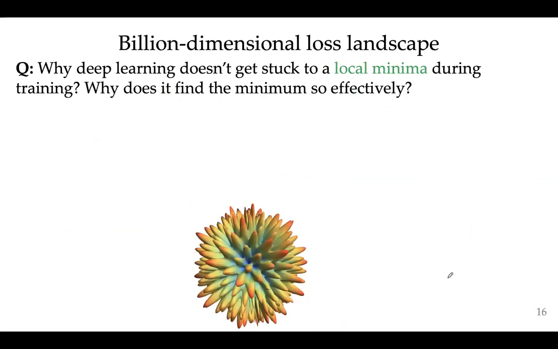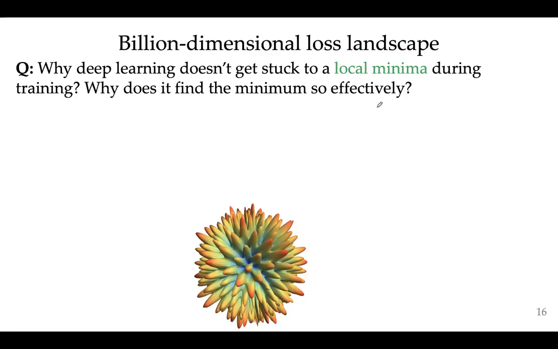Okay, here's an interesting question. Why doesn't deep learning get stuck in local minima during training? Why does it find the minimum so effectively? If we think about the number of parameters in modern trained neural networks, they have billions of parameters.